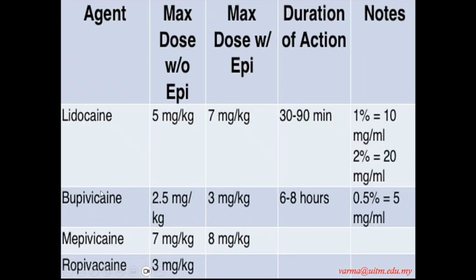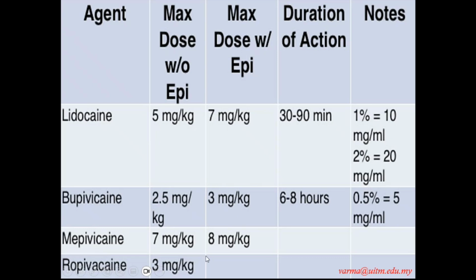The doses we have seen previously have some discrepancy from book to book. Lidocaine without epinephrine, that is without adrenaline, is 5 mg per kg. Bupivacaine is 2.5 mg per kg. Just ignore mepivacaine, we are not using it. Ropivacaine is 3 mg per kg.